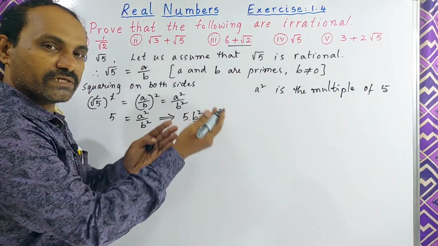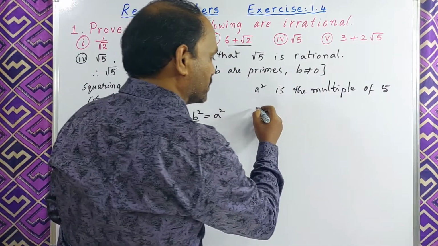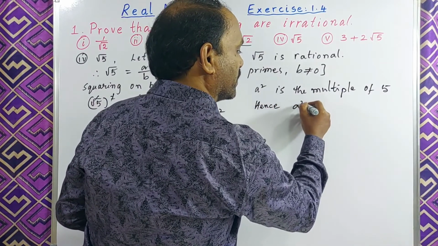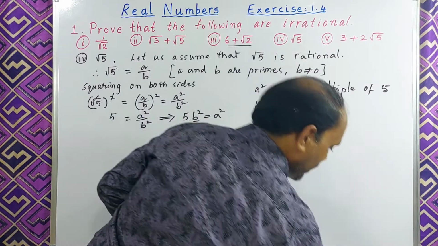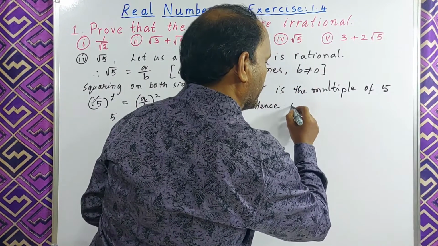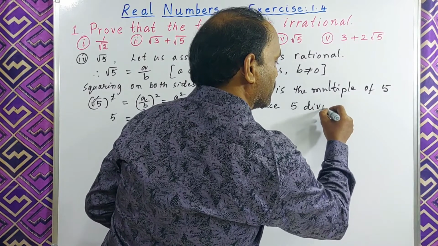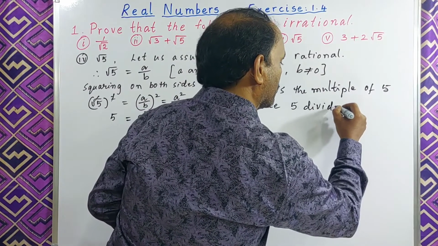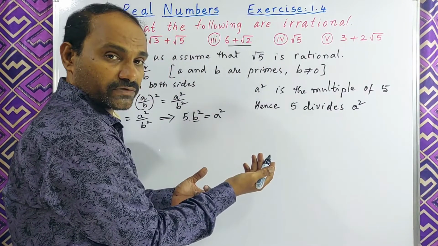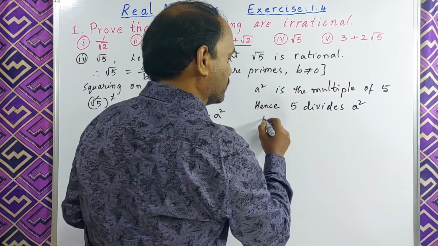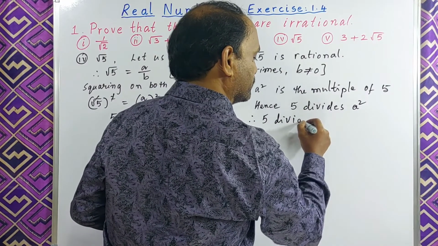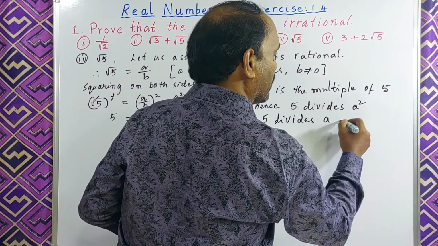So a square is divisible by 5. Hence 5 divides a square. If 5 divides a square, then 5 divides a also.